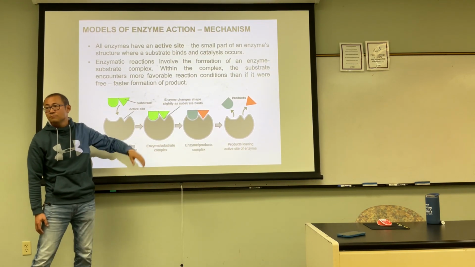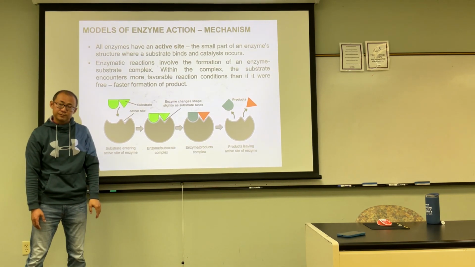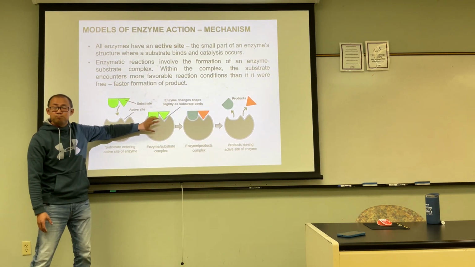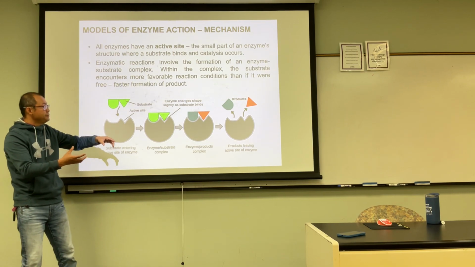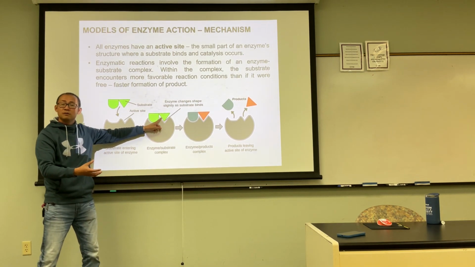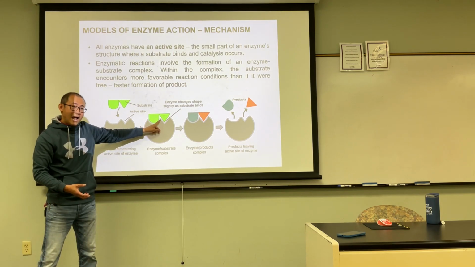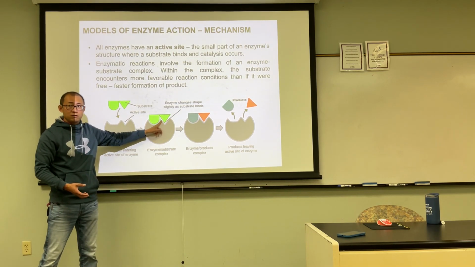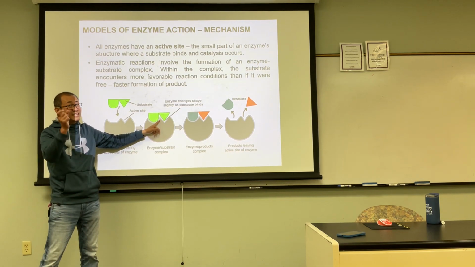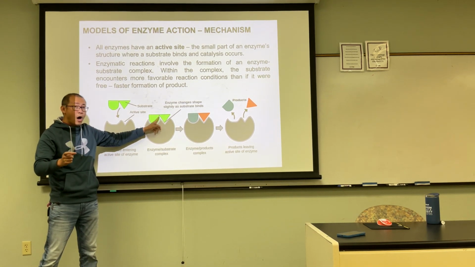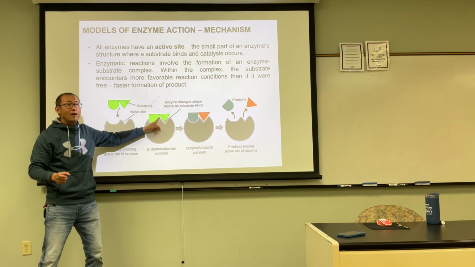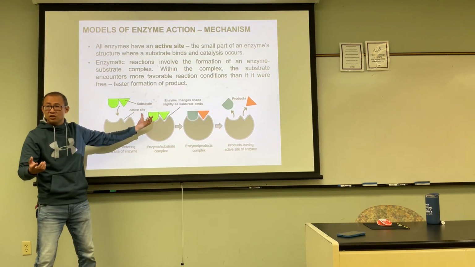ES stands for enzyme substrate complex. After it's bound, remember, enzymes are proteins, right? At the active site, some amino acids, mostly their side chains, will help do whatever the reaction is. This looks like a hydrolase.